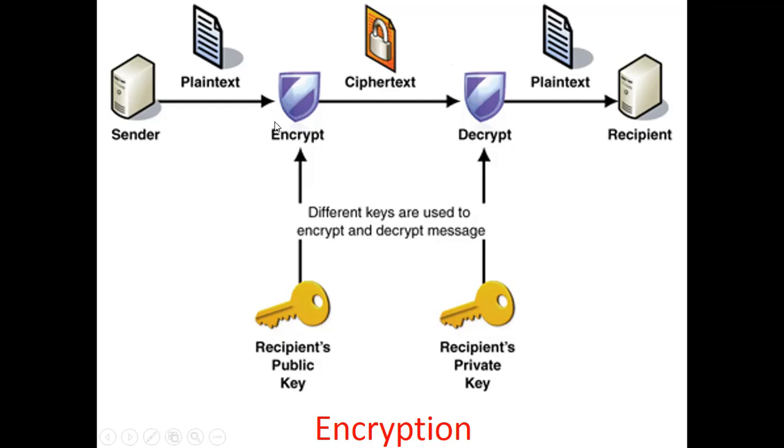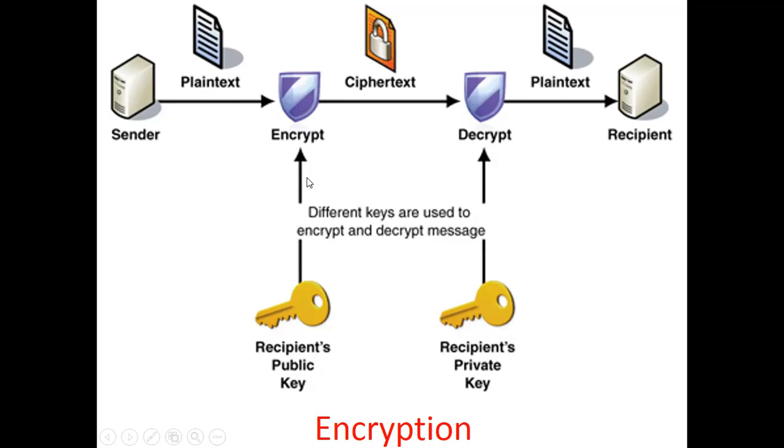Now here, while the sender applies the encryption process and the recipient applies the decryption process, various functionalities are processing. In encryption, we have to use the public key, and due to this public key, the plain text gets encrypted.